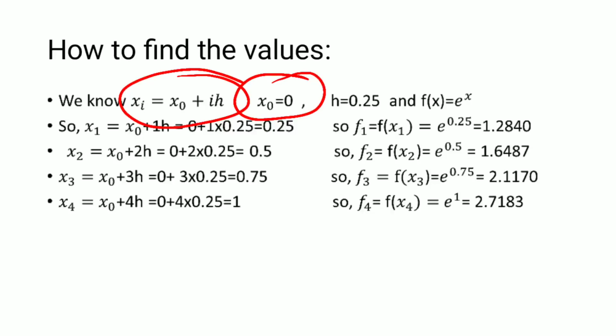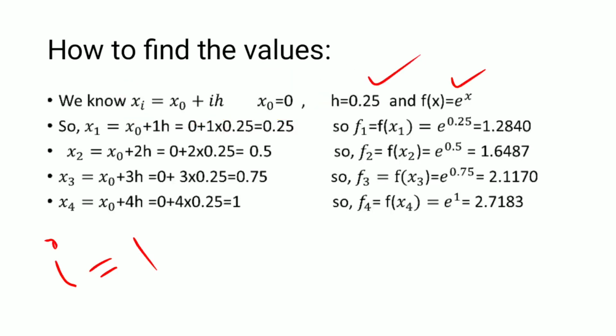Now x0 equal to 0, h equal to 0.25, and our fx is e to the power x. So we now find the values. First we put i equal to 1, so we get x1 equal to x0 plus 1 into h using this formula. Now putting the values of x0 and h, we get x1 equal to 0.25.